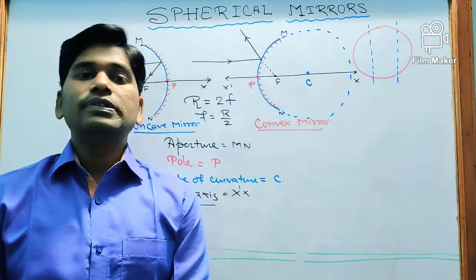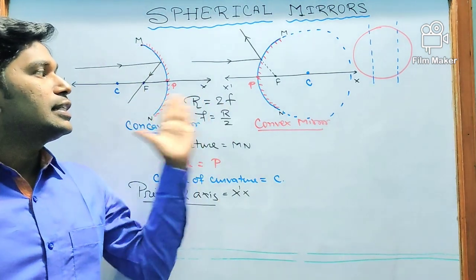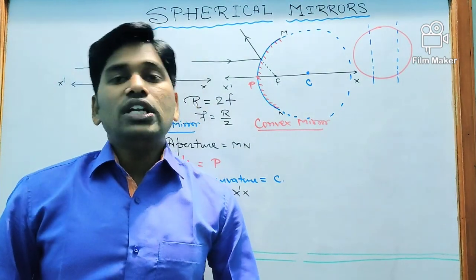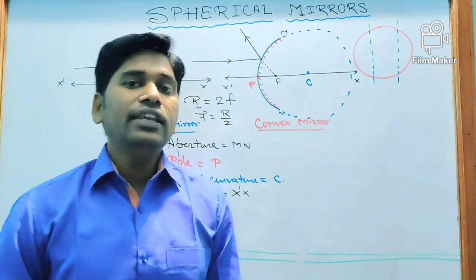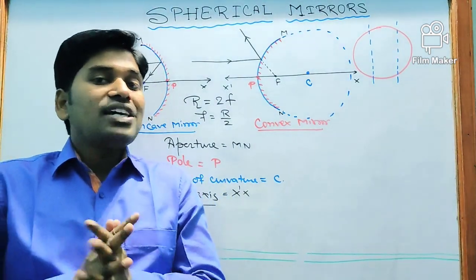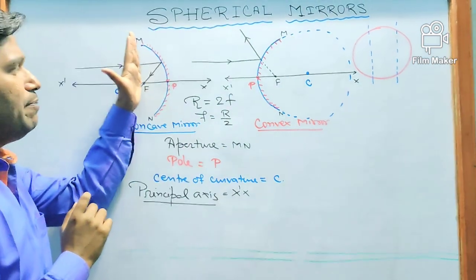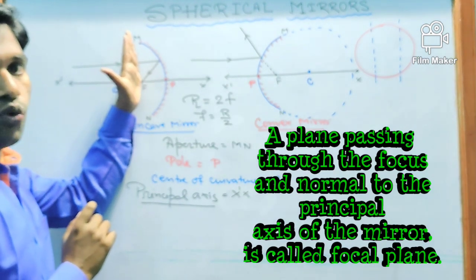One more point we will learn about the spherical mirror is the focal plane. So what is a focal plane? A focal plane is a plane which is passing through the focus. If we keep a plane through this focus, it is known as the focal plane.